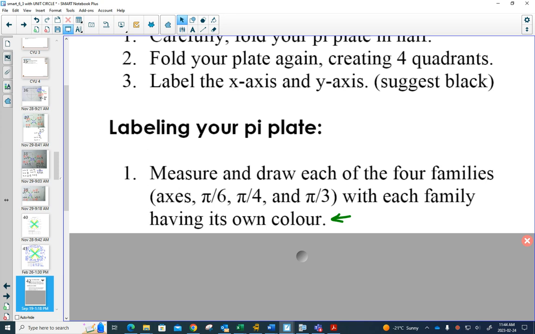Here's one that looks really nice, but they lost some marks because they didn't measure. They made them all equal. Between 0 and 30 degrees is 30 degrees, but between 30 and 45 should only be 15 degrees. So they shouldn't be equally spaced. Looks nice though, when they're all equally spaced.